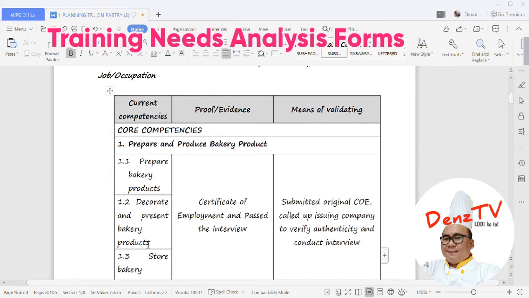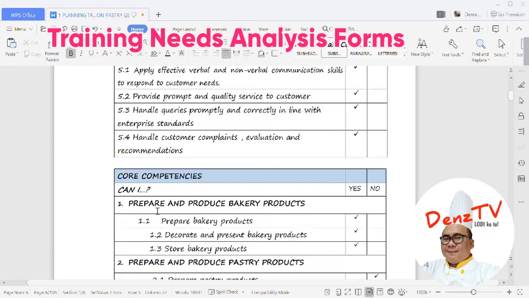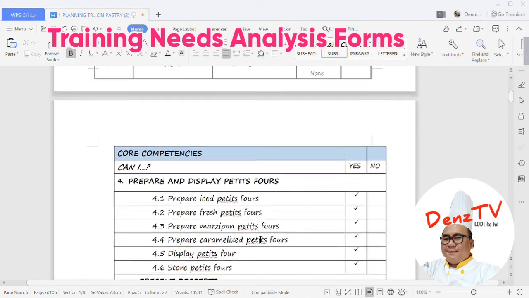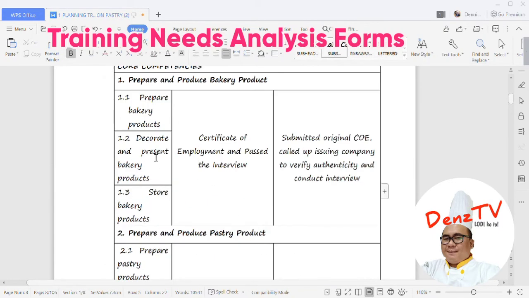Look at that. I will go back to the first, prepare and produce bakery products. These are the LOs. So I'm going to go to evidence or proof of current competencies. It's just the same because you need to copy and paste it here only.